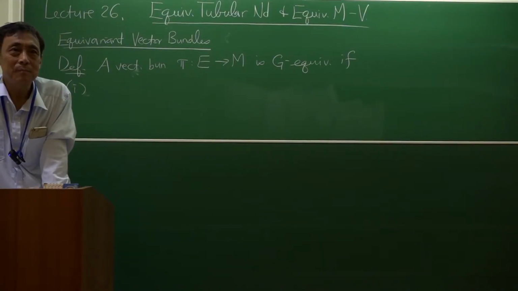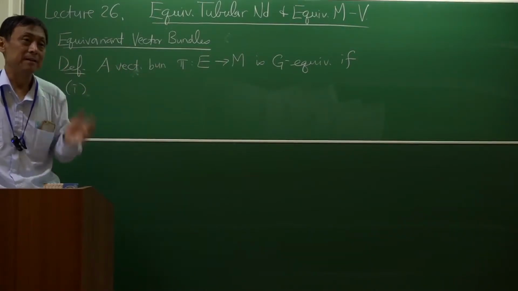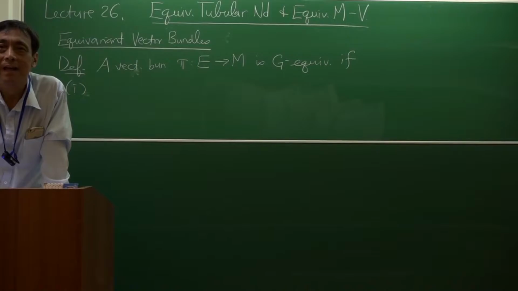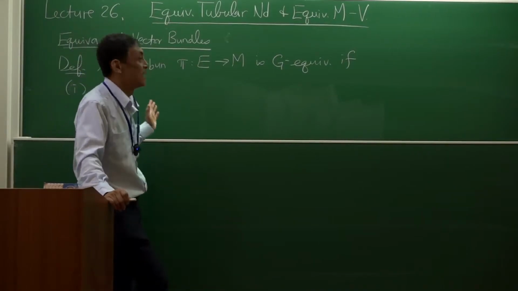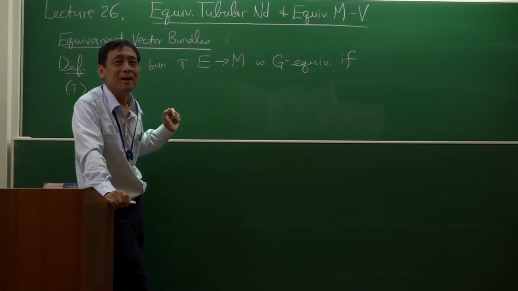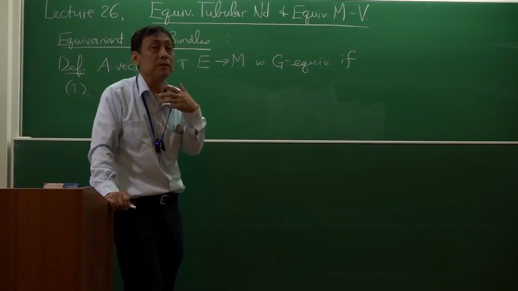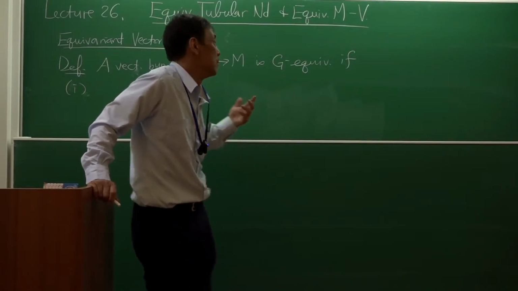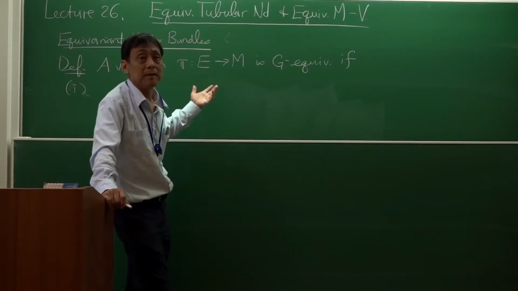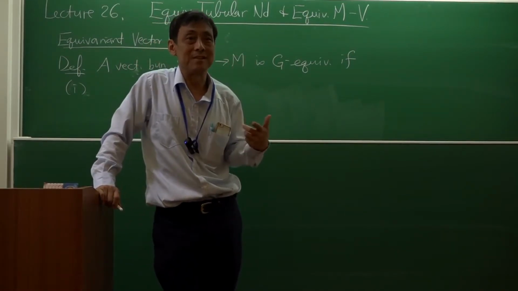When would you call a vector bundle G equivariant? Yeah, there should be a G action on the fiber, right? And the fiber of a vector bundle is a vector space. So that G action should be a linear transformation.